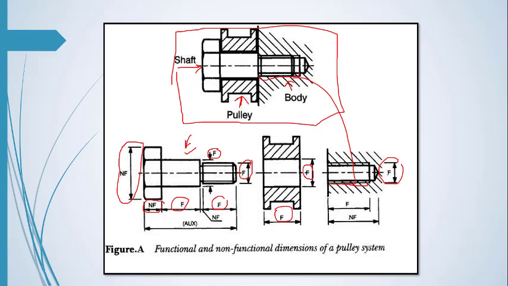However, on the other side, you can see the whole overall part that is not used for the purpose of utilizing the pulley. This is a non-functional dimension.